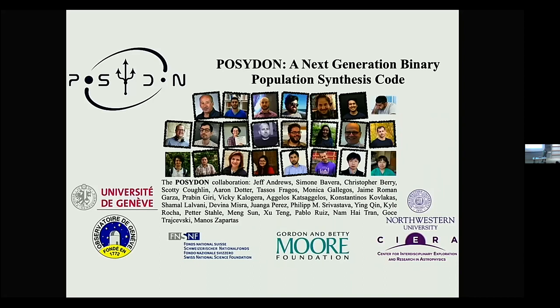I would also like to mention Jeff Andrews, our core developer, who is also online. If you have any questions about the Poseidon code, Jeff and I will try our best to answer. Any questions for Ming about binary population synthesis or Poseidon?